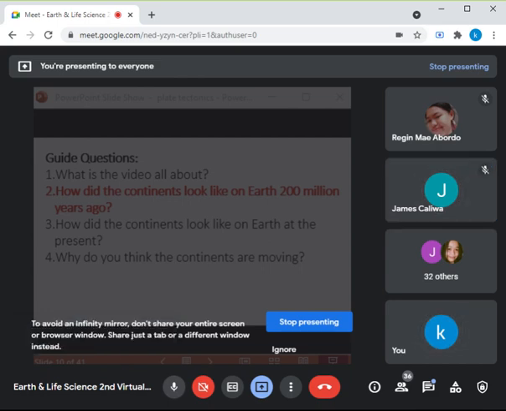Okay, very good. It was not distributed, or the continents or the land masses of our planet 200 million years ago were once joined, right? Or incorporated together. So it was a supercontinent. What other term do we have for that earlier supercontinent? What do we call that, James?